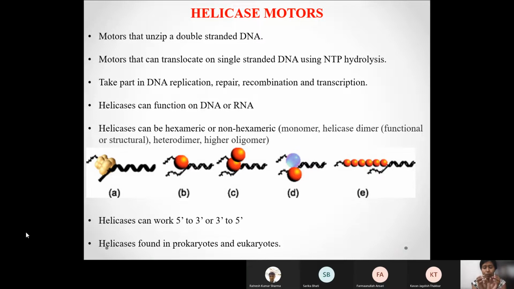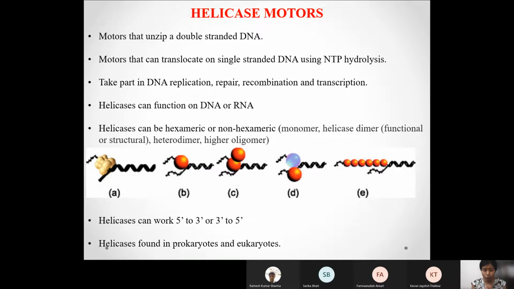And the ATPase function is present at the interface between two subunits. In dynein we had seen that not all these AAA ATPase subdomains have an ATPase activity, whereas in this case we would see that each of these subunits has an ATPase activity associated with it.